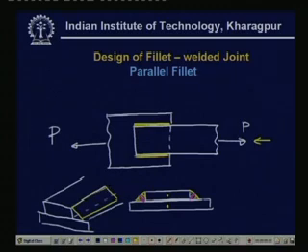Definitely the vulnerable cross section is here where the area is the least. This is the part which is seen from that side, and this is the three dimensional view. When you look at the fillet, it is roughly a 45 degree triangle, the height and leg length are the same.